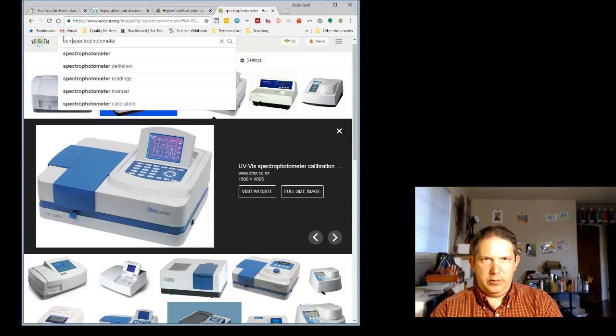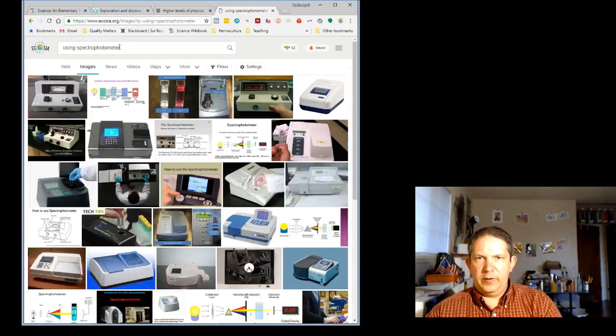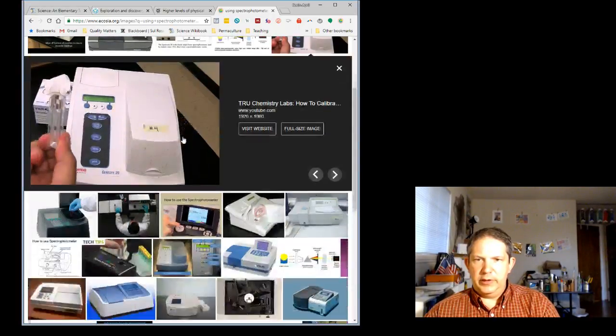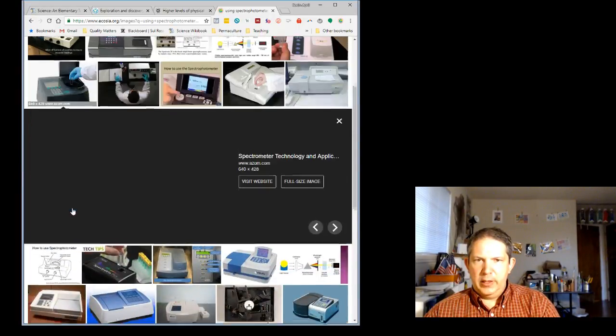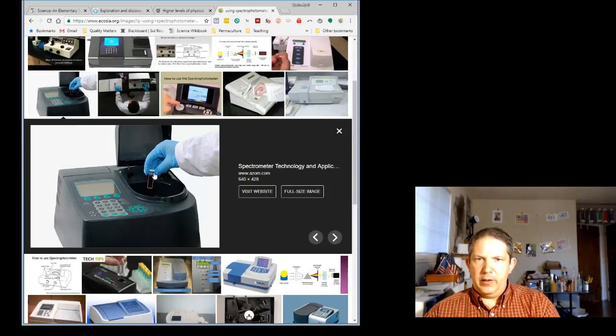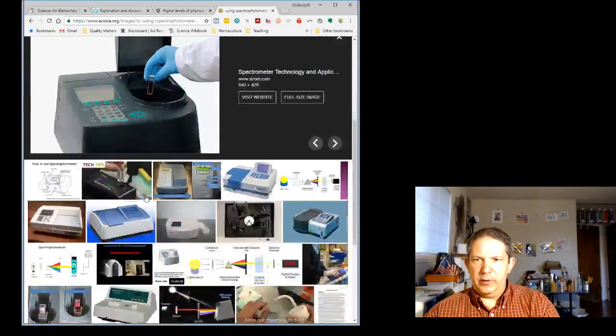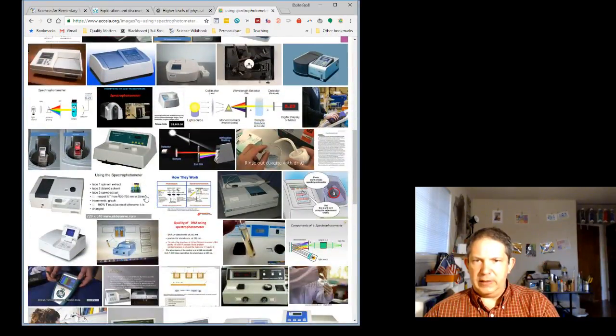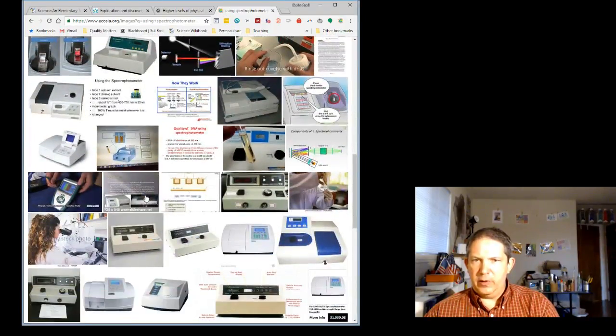Let me show you using spectrophotometer. You have to put your sample in a little glass tube. It's usually a liquid or a gas, but you put it in and it will give you a little readout, kind of a graph of the exact wavelengths that were in there.